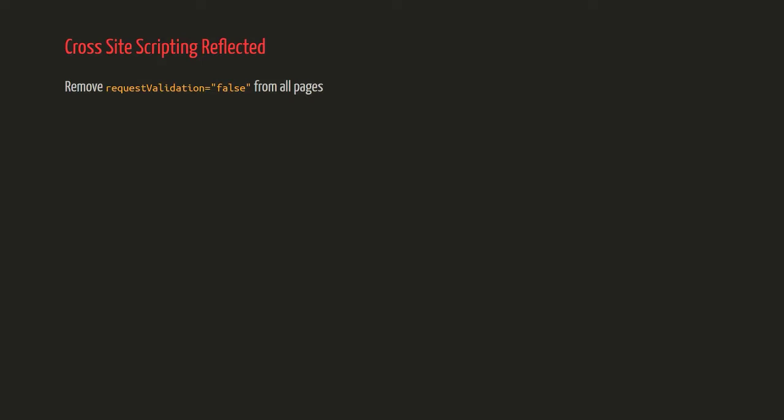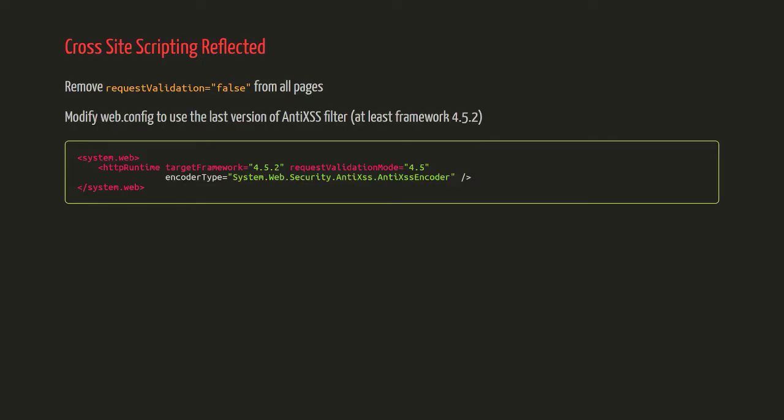Remember that without request validation set to false, if you want to use a text area HTML, you have to update Kernel to version 4.22 or 5.19. And also you have to modify the web.config to use the last version of anti-XSS filter, with at least framework 4.5.2.